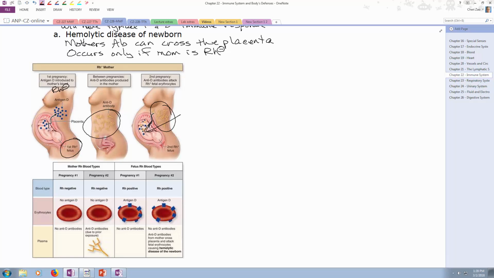So if the baby is always Rh negative, this never happens. This only happens if the baby is Rh positive and the mom is Rh negative. And so antibodies are crossing over, they're attaching to fetal red blood cells, and they're causing complement to then attack the fetal red blood cells. They're causing agglutination and complement fixation and MAC attack complex.